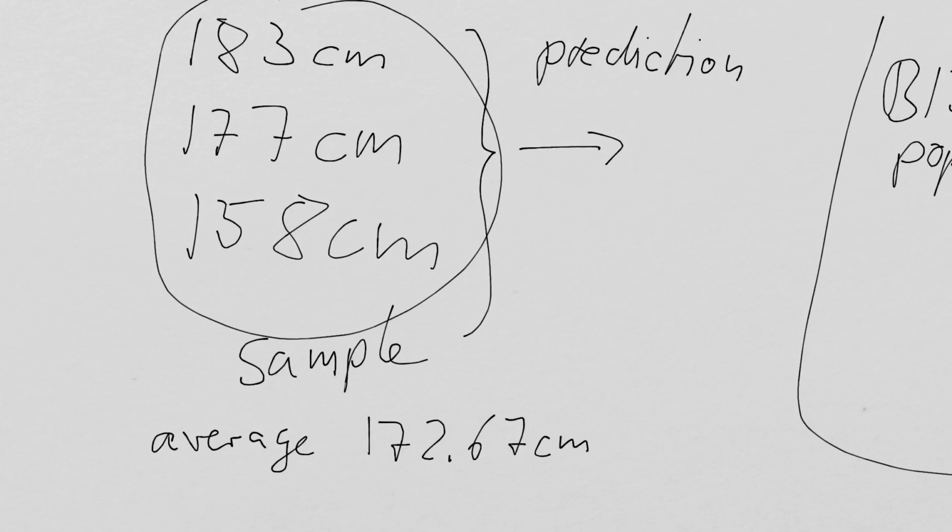Now, obviously I can report back to her: my students are on average 172.66 centimeters. There's a slight problem with that, isn't it? Because there's a certain variability in it.